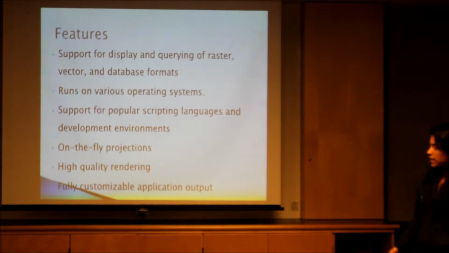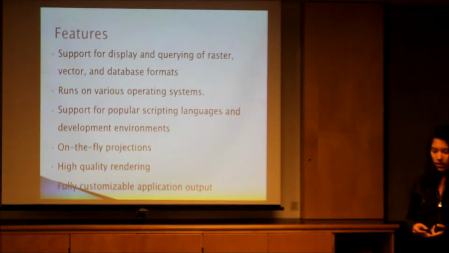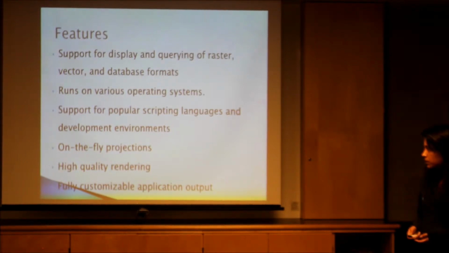The features that MapServer supports: you can have raster or vector data. You can use Python and PHP, as I said. MapServer also has cross-platform support, so you can use it on Linux, macOS, or Windows. It has on-the-fly projection.